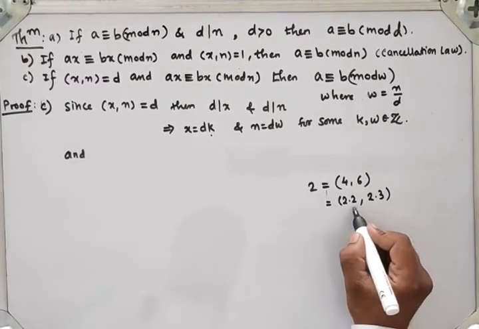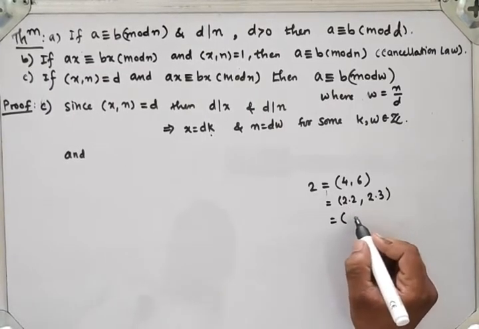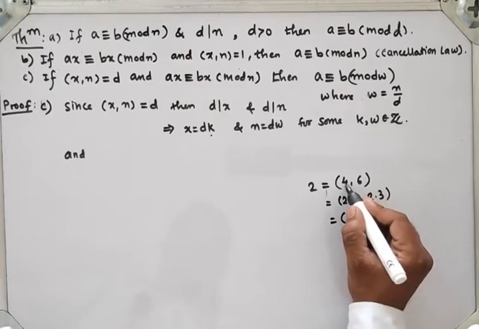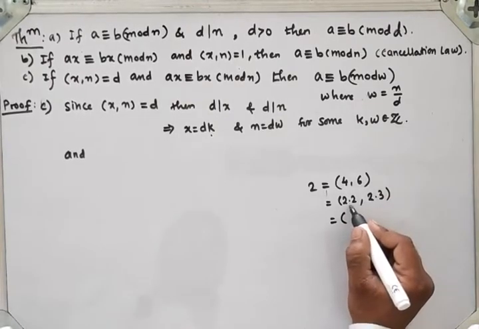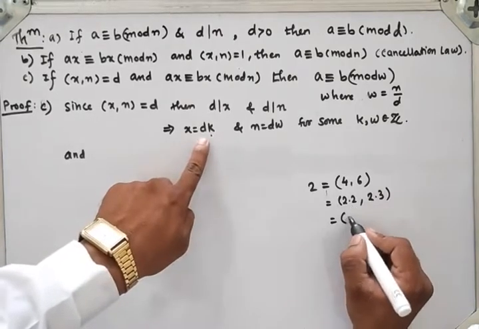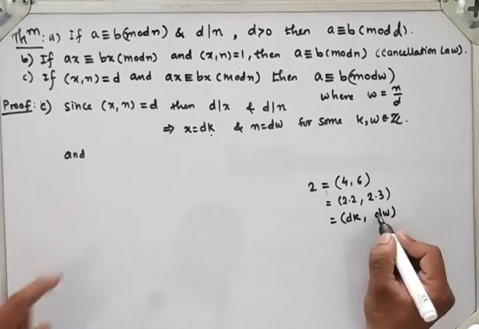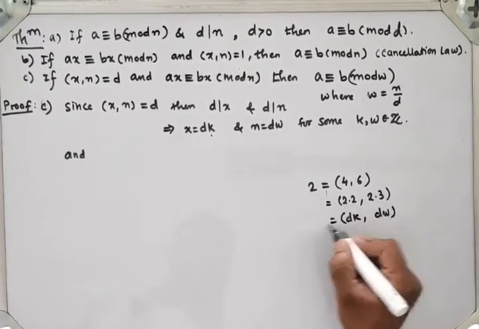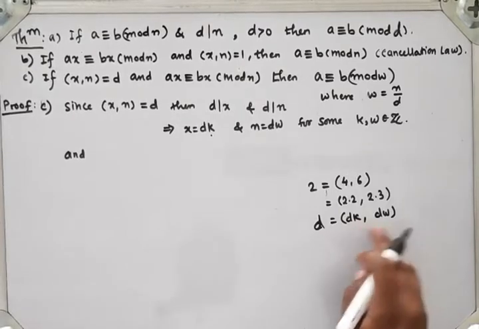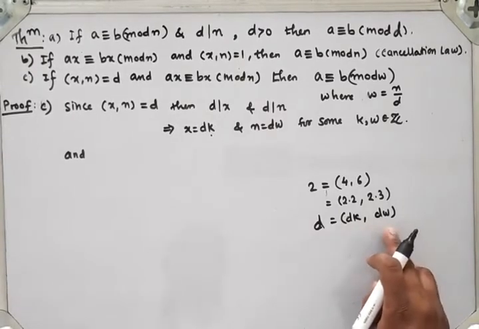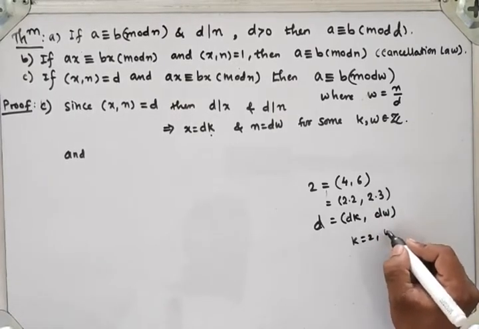Here x has value 4 and n has value 6, right? So this can be written in the form where x has value dk and n has value dw, and d has value 2. So k has value 2 and w has value 3.